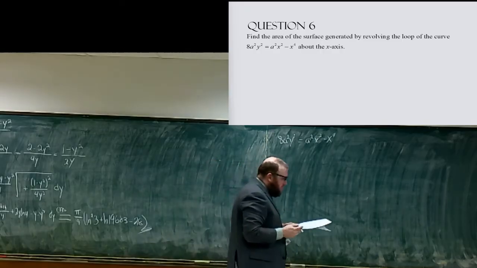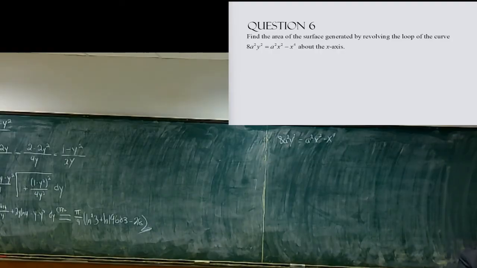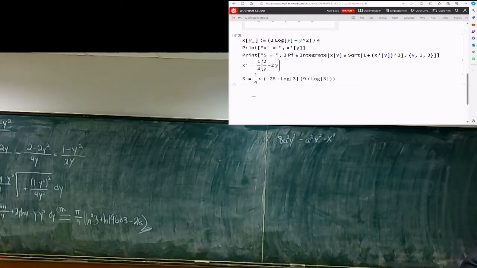So what we could do is come over here, do something very similar to the catenary. So let's just call this loop of A. Plot.